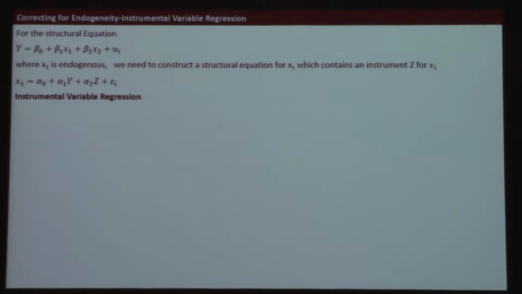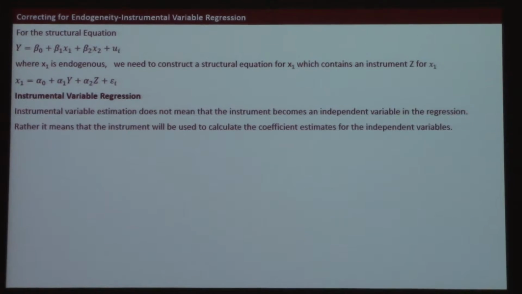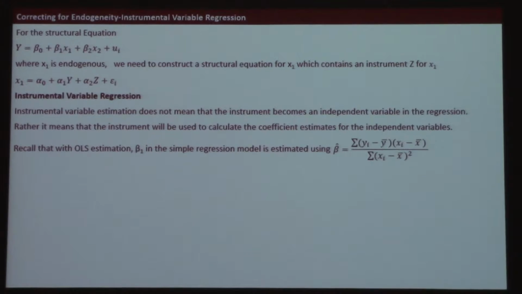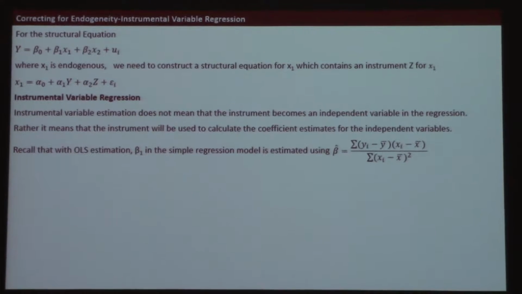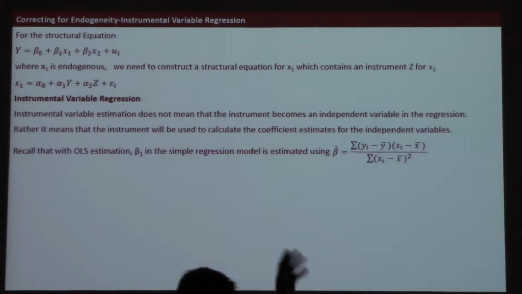All right, so what do we get? Instrumental variable regression. It doesn't mean we actually substitute one for the other. Here's the equation for our coefficients for OLS, your mathematical equation.